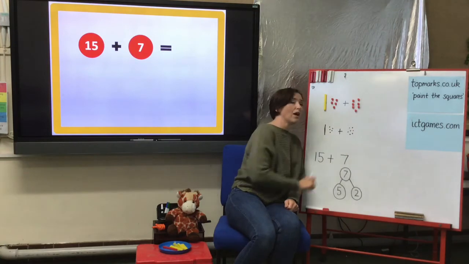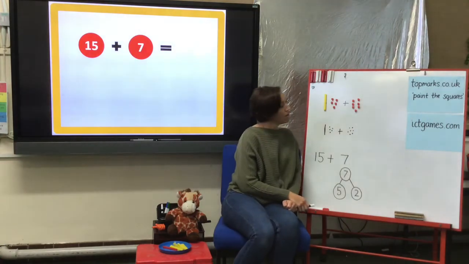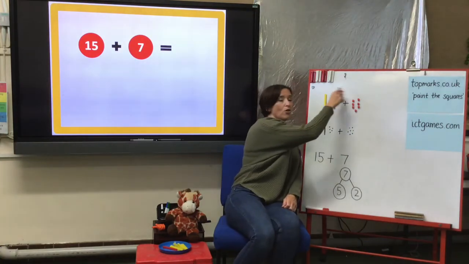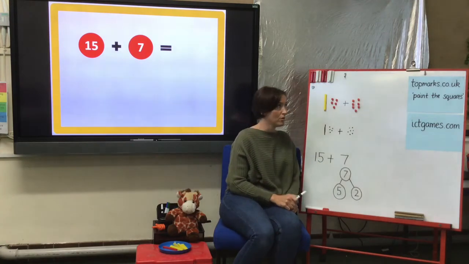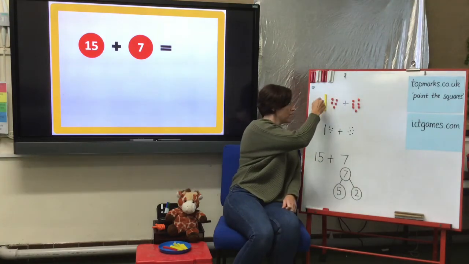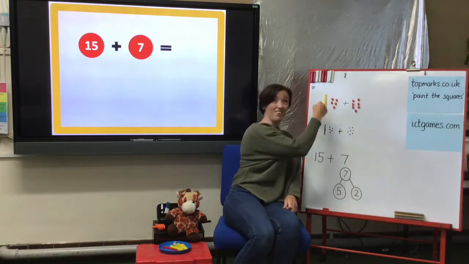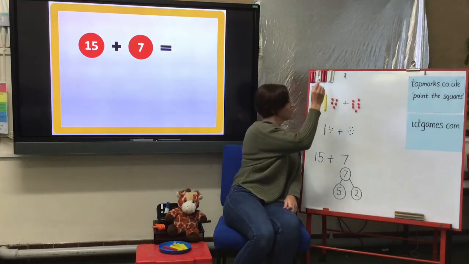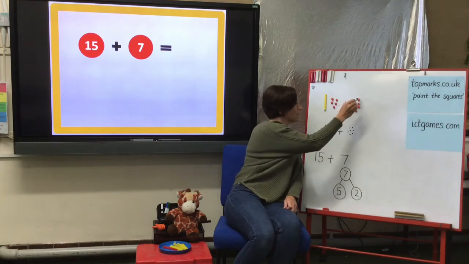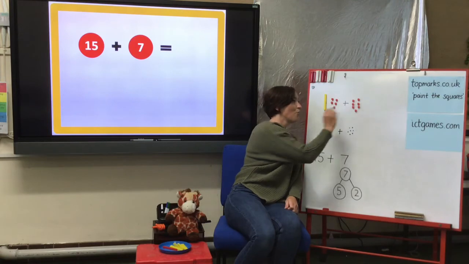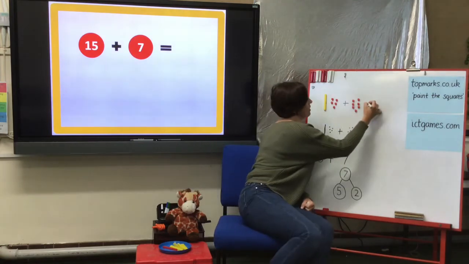So we would need to count out 7 little ones. Then we could add those all up together by counting them all. Now we know that this first number here is 15. So we don't need to start from 1, we could start from 15. So we would say 15 and then count on 16, 17, 18, 19, 20, 21, 22 would be our answer.